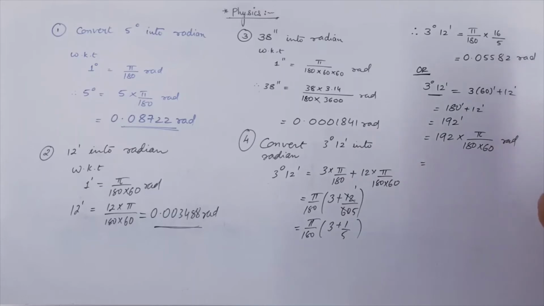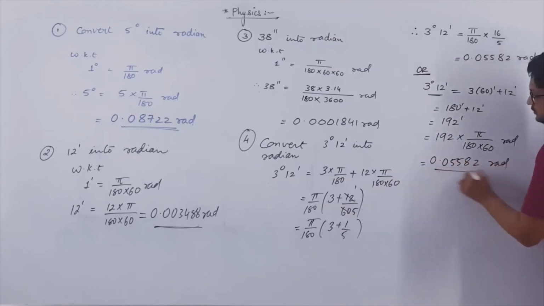If you multiply 192 into pi, that is 192 into 3.14 divided by 180 divided by 60, the answer will be the same, 0.055822 radian.